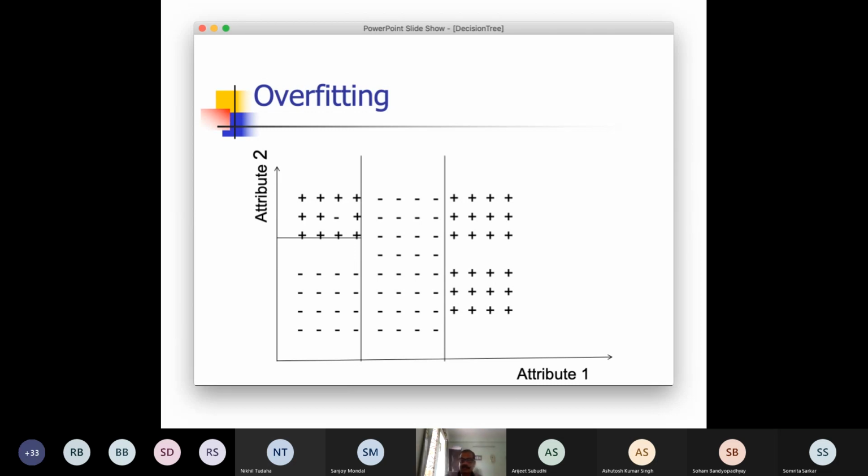So let me use the pen. For example, this sample, as you can see, is of negative label, and with the arrangement one can understand that it may be an outlier, or it may be an erroneous sample, because the labeling may be erroneous.